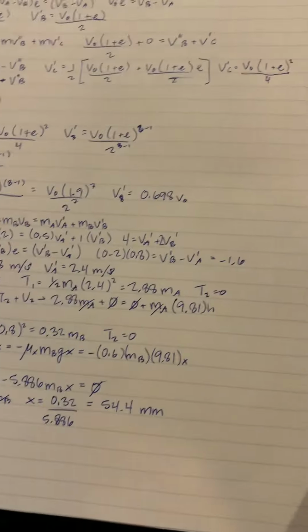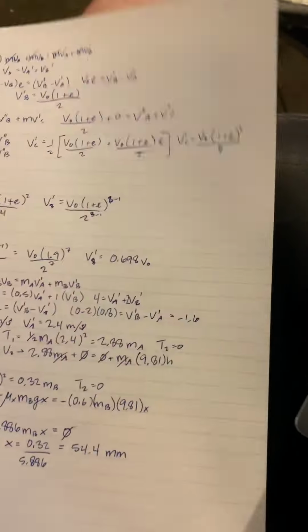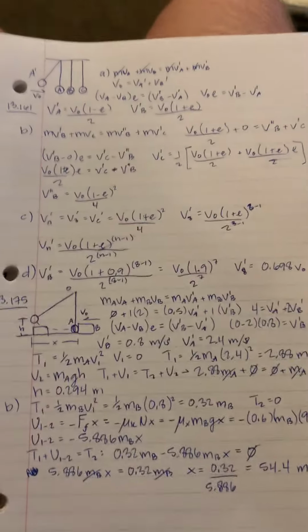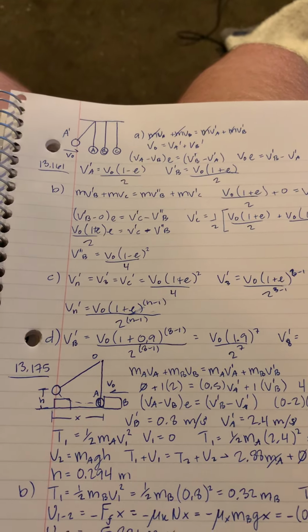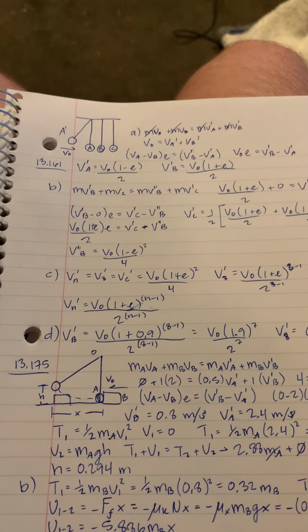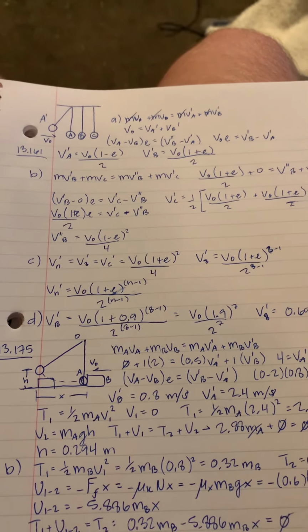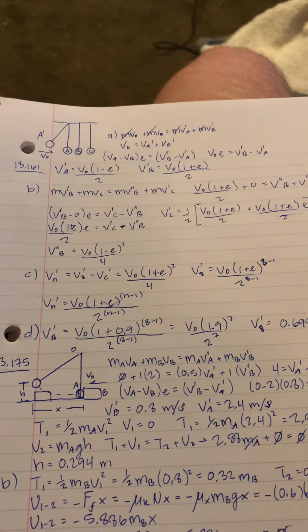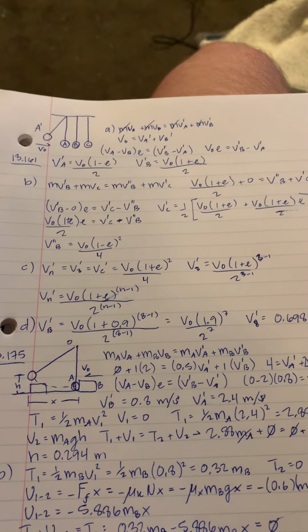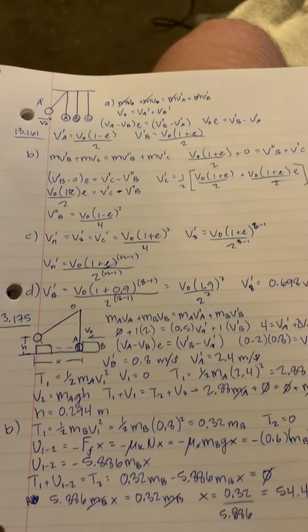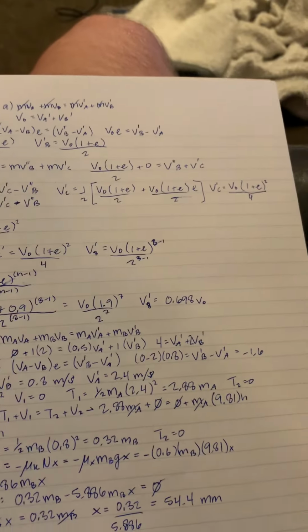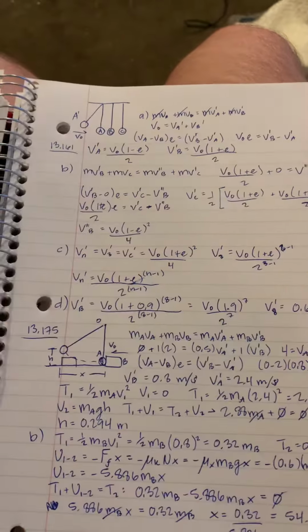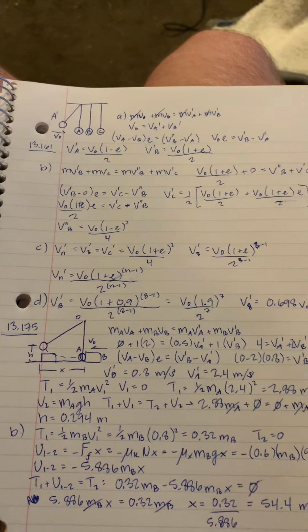Okay, last page. This one was where you had the 3 different balls, A, B, and C, and then you release A. So you have to get your VA, your VA prime, your VB, and your VB prime, all that stuff. You go step by step, and end up substituting a couple times.